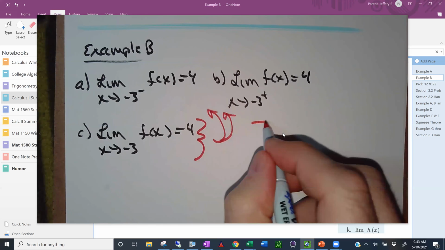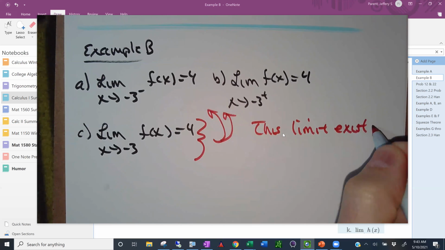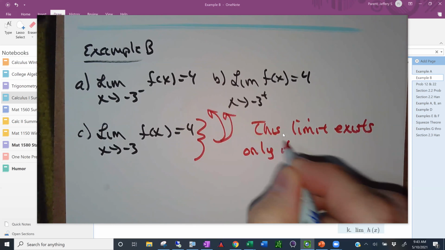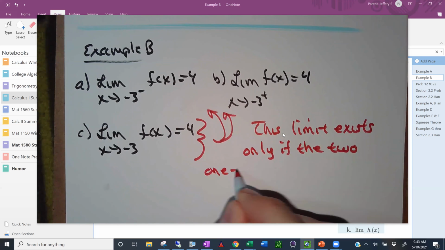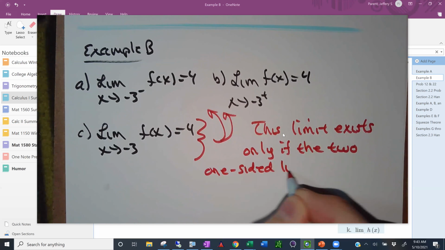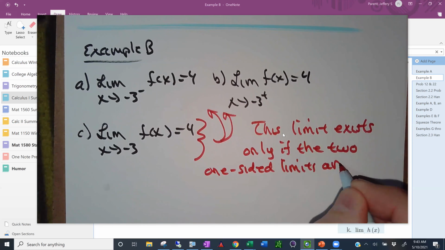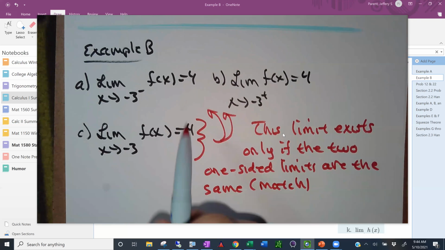So this limit exists only if the two one-sided limits are the same. That is, they match. And they do. So in order for this limit to exist, these two have to exist and match.